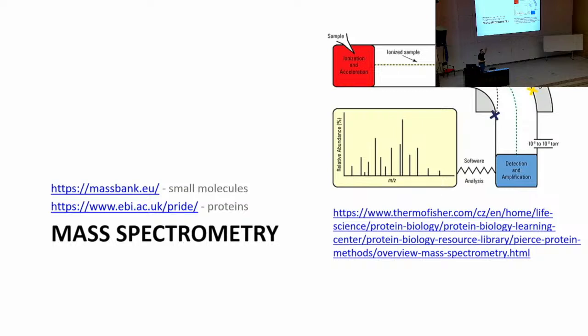From that, you can come up with information about what fragments they are, because you know the exact weight of the fragment, and therefore from the composition of the protein, you can work out the composition of amino acids, and if you fragment it more, you can even get the sequence.